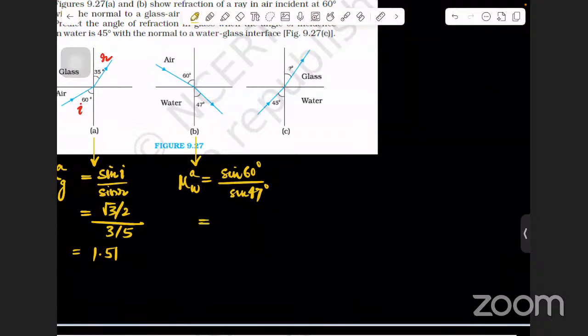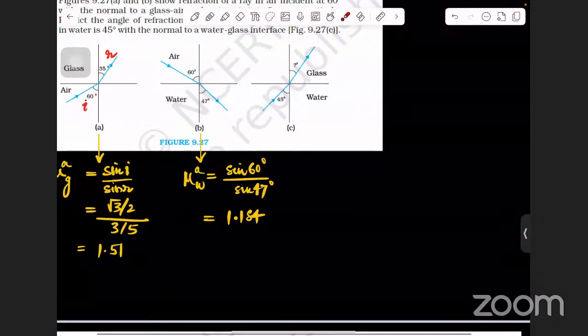And from the calculator, this value comes out to be 1.184.